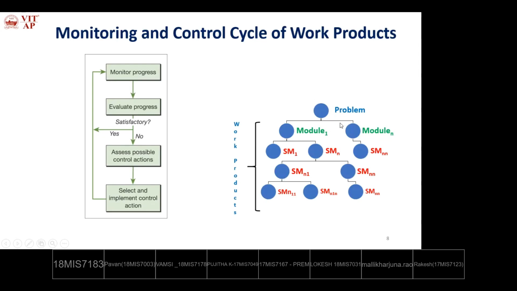So here, in order to get the solution for this problem, we need to find a solution for this. If you want to get the solution for this, you need to find a solution for this. So what happens here? This module is integrated with other modules.